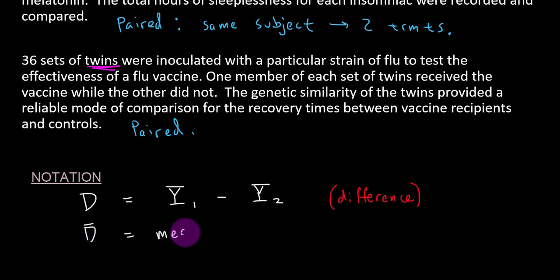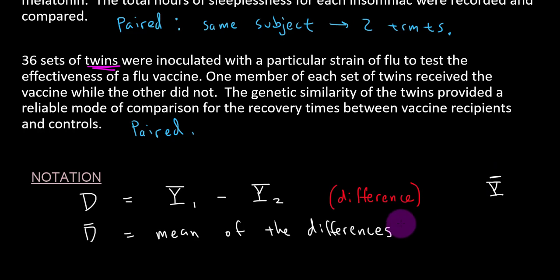So this is D with a bar, mean of the differences. Kind of like way back when we did not just y, but y with a bar. This applies to the sampling distribution. So a little technical there, but thought I'd throw it in there.